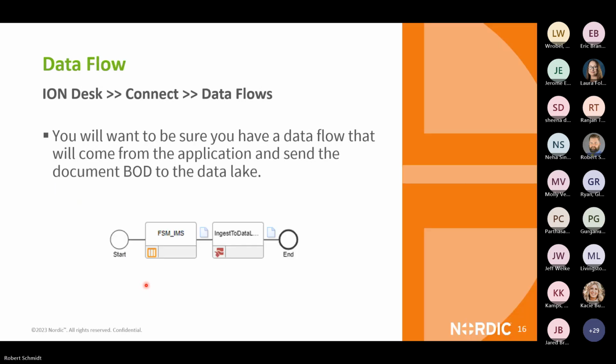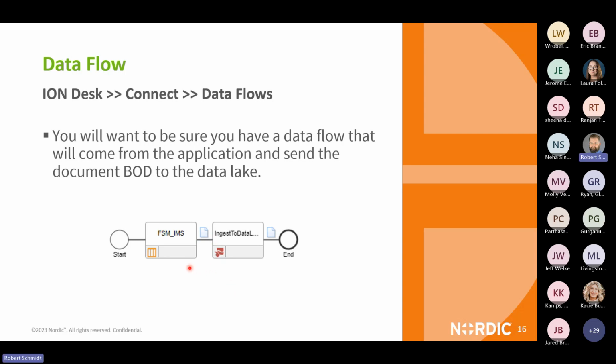Once I've connected it within my connection point and identified that I want it sent from the application, we need some mechanism for it to go somewhere, and that's our data flows. Within my data flow, I want to make sure I have my FSM application coming out and going into the data lake to be ingested there. And I want to make sure I add my documents so they can be sent.